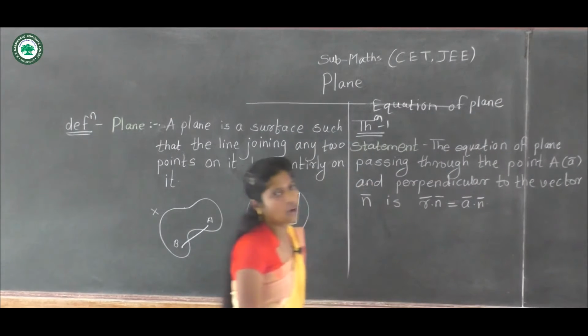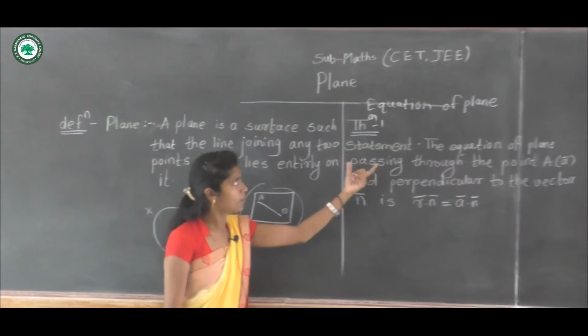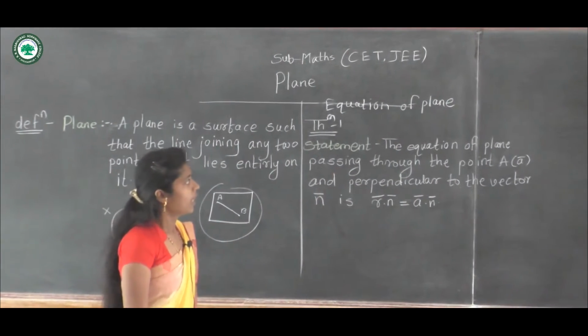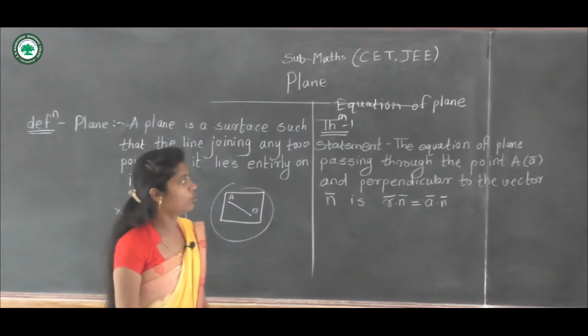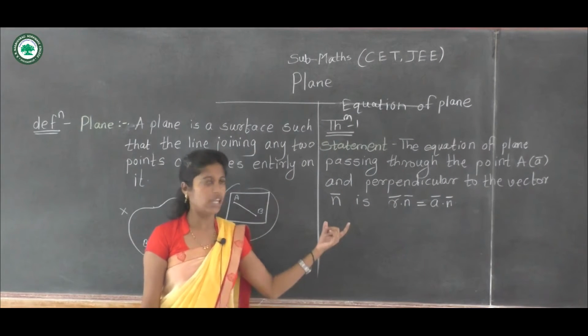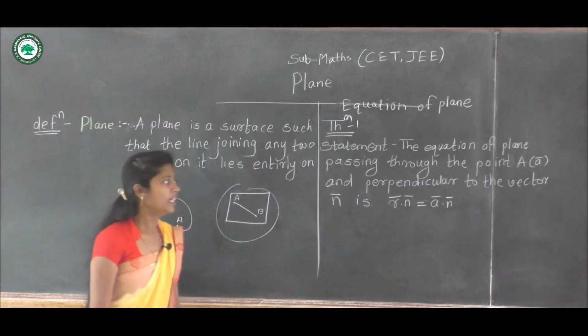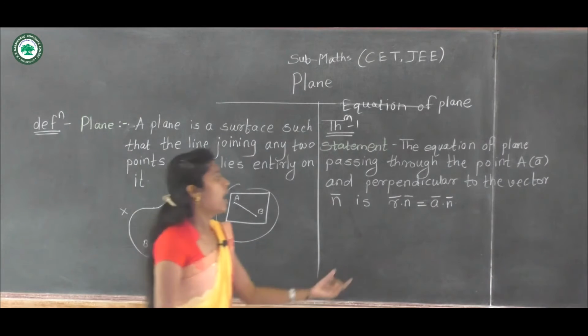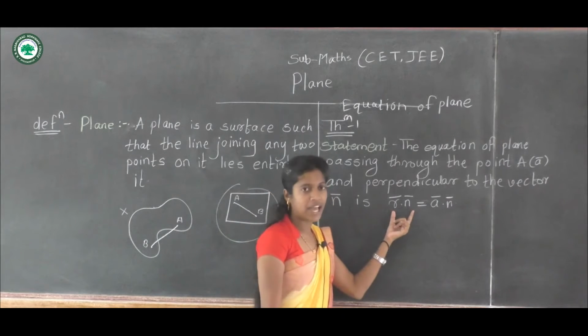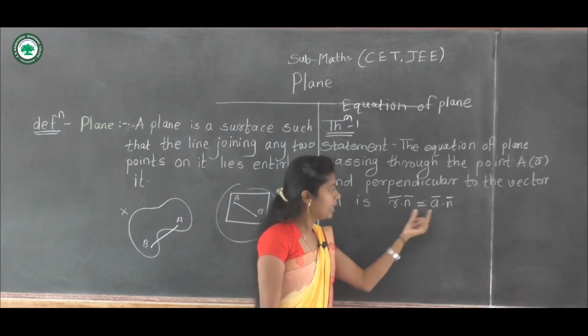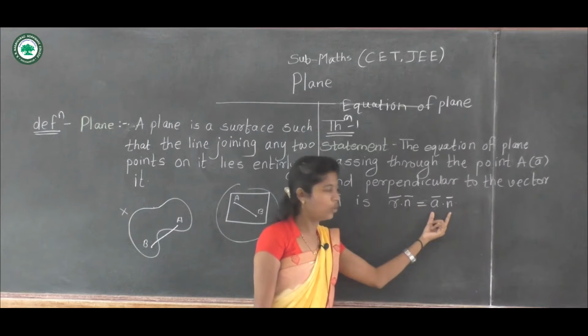In this, we see the first theorem. The theorem statement is: the equation of the plane passing through the point A of a bar and perpendicular to the vector n bar is r bar dot n bar equal to a bar dot n bar. We have to prove this.